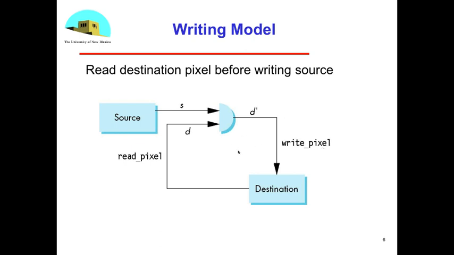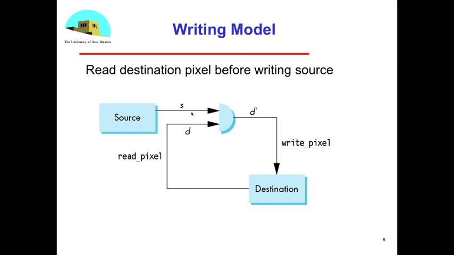Let's take a little more general approach and say, what if before we put something into the destination in memory, I read the value that's at that location first and then do some operation, either arithmetically or logically, between what I read there, and use that to form the new destination value as some combination of what I read and the source value that I was provided.